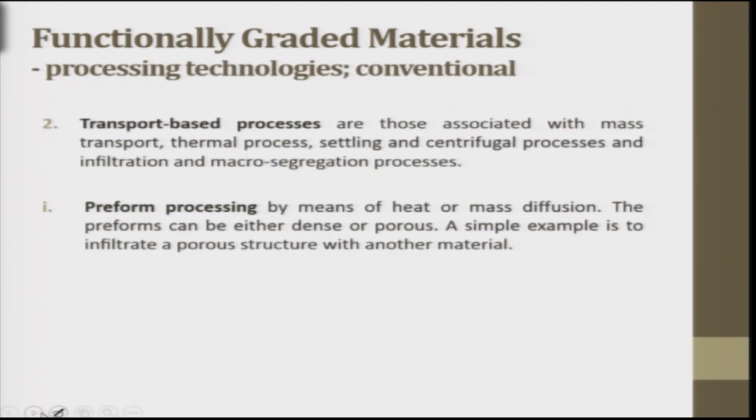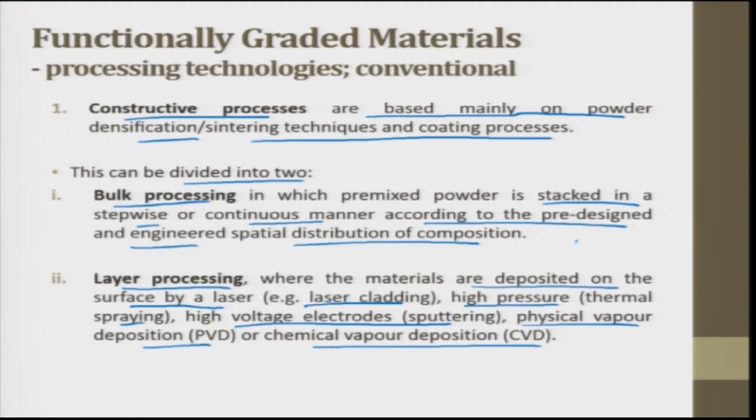So, this is a constructive process. Then transport based processes are those associated with mass transport thermal processes, settling, centrifugal processes and infiltration and macro segregation processes. In bulk processing, HIP, hot isostatic processing, can also be one of the processes.